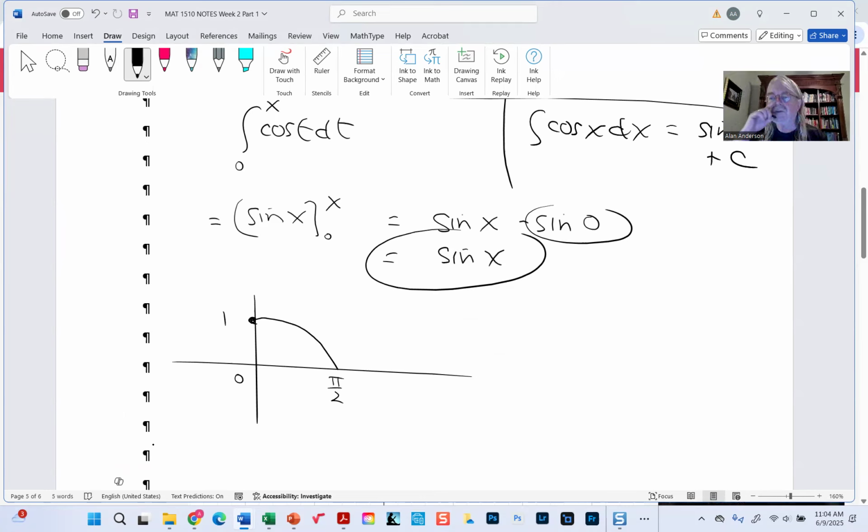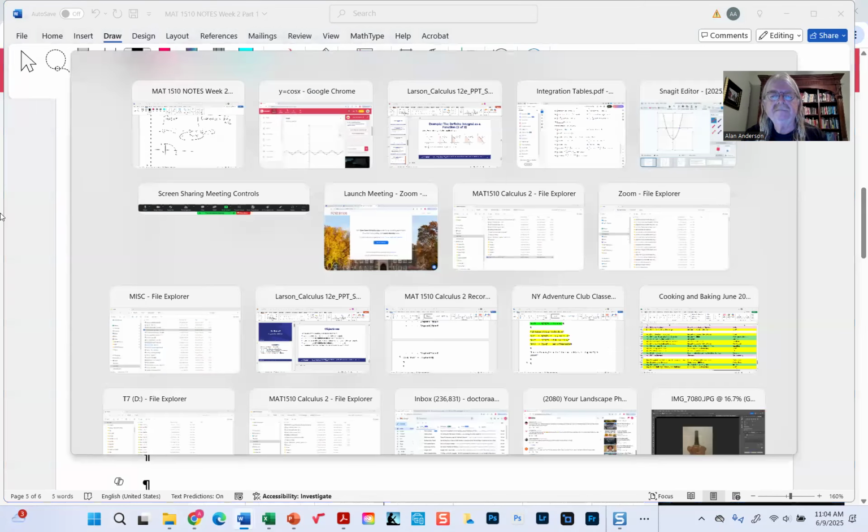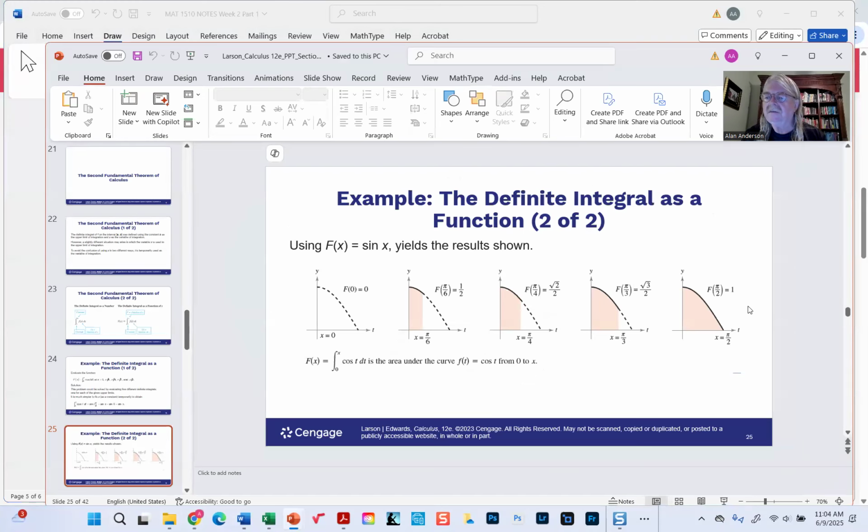Okay, suppose that they chose the upper limit to be, in fact, pi over 2. That would be this last case. And you want to know, well, what is that area?